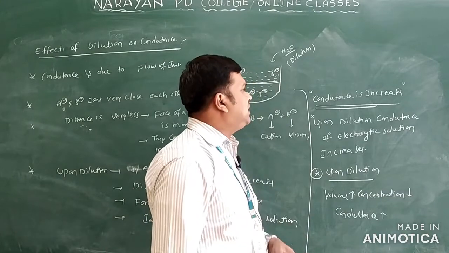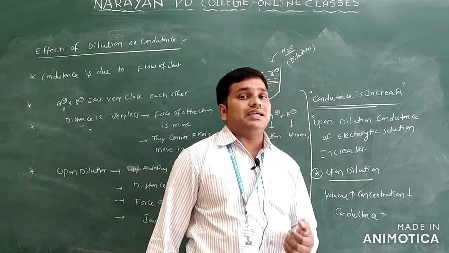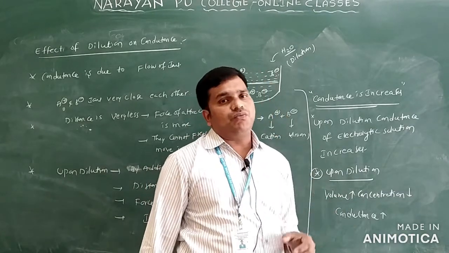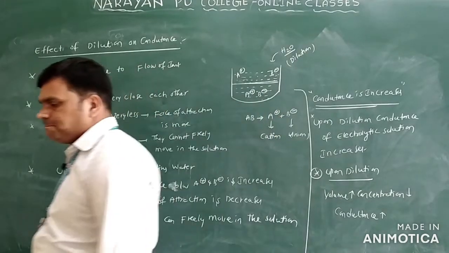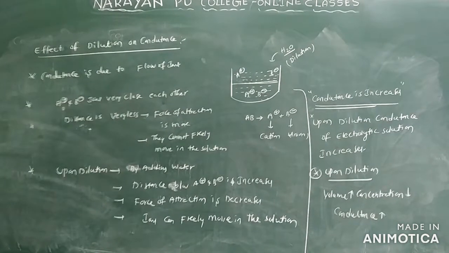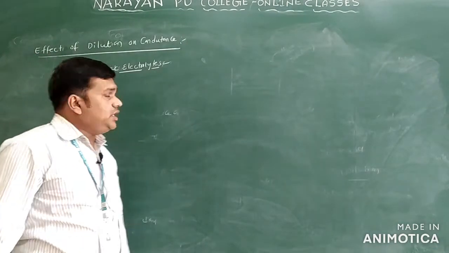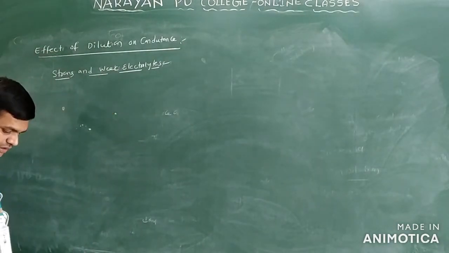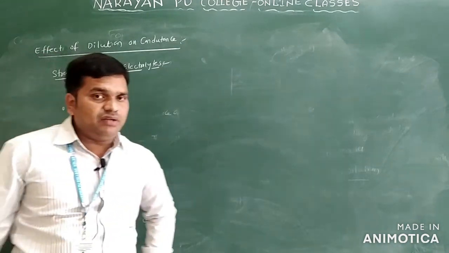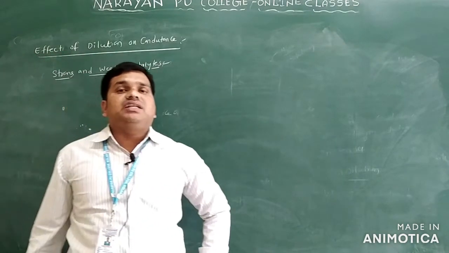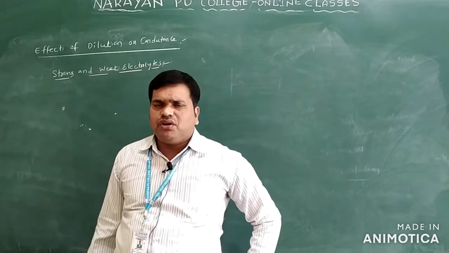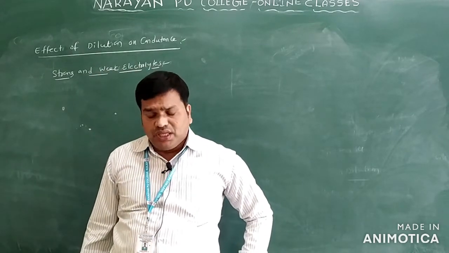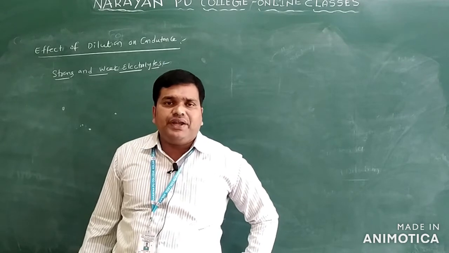But in all cases, conductance does not increase only. That we can see in the form of strong electrolytes and weak electrolytes only. Okay, so now we are taking the strong and weak electrolytes only. If you want to consider the strong and weak electrolyte, we want to consider the degree of dissociation only. So degree of dissociation, or you can say degree of ionization, we have to consider for both strong and weak electrolytes only.